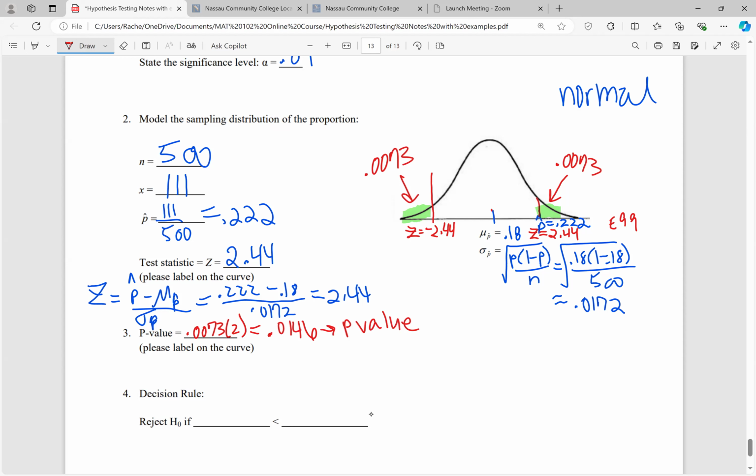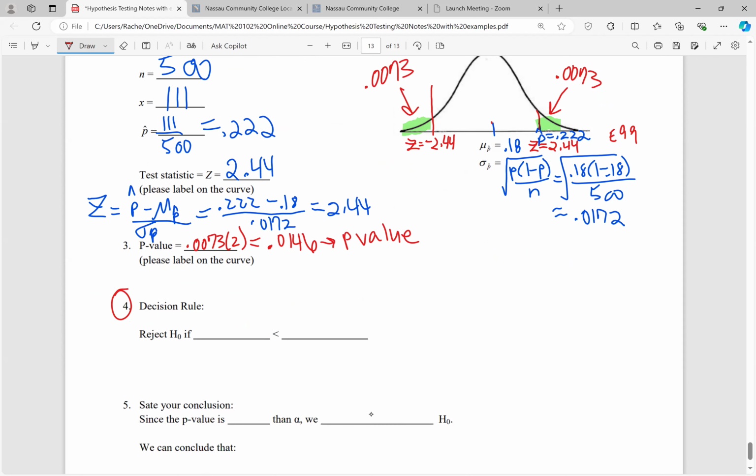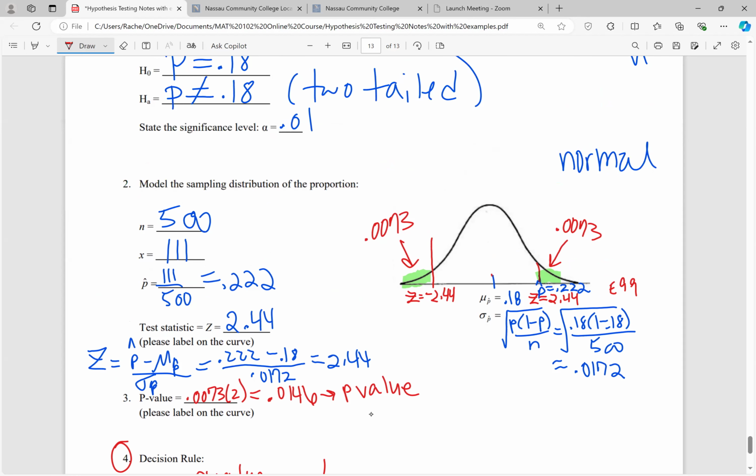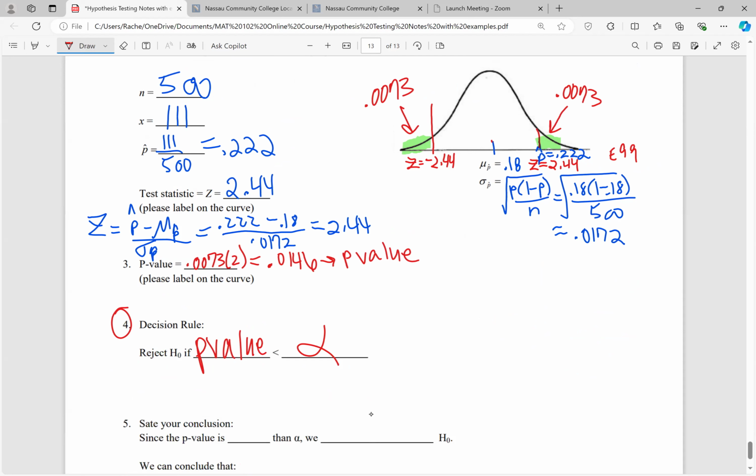So now how do we make our decision in step 4? We only reject the null hypothesis if the p-value is small enough, meaning smaller than alpha, right? Less than alpha. Now, is that the case? Well, what's my alpha level that I told you to use? I told you to use 0.01, which is pretty small. So is our p-value 0.0146 less than alpha, which is 0.01?